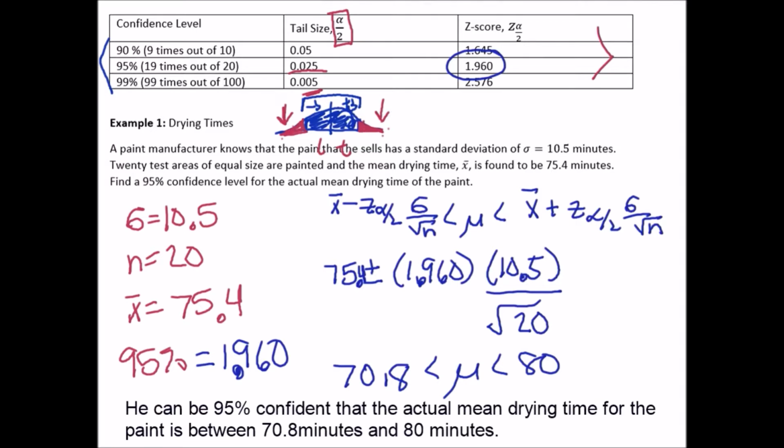So if the paint had an advertisement on it saying it dries in 80 mins, then that would be very reasonable.